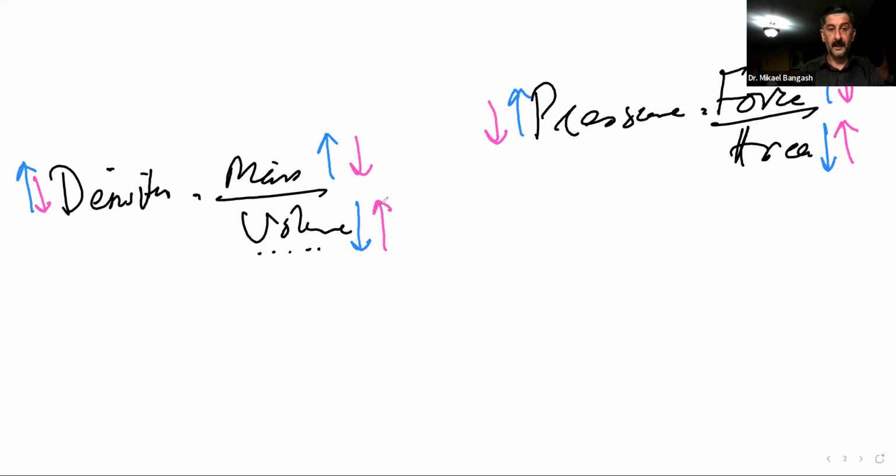Where we say an increase in volume decreases the density, or vice versa, it's a relationship between density and volume, in which case mass is kept constant. So whichever case it is.